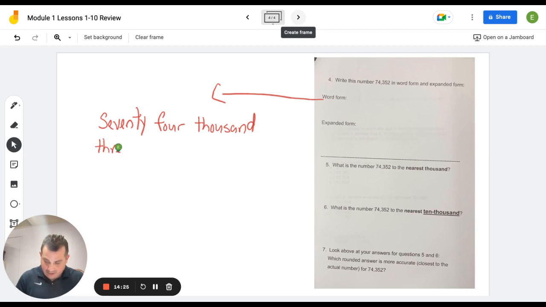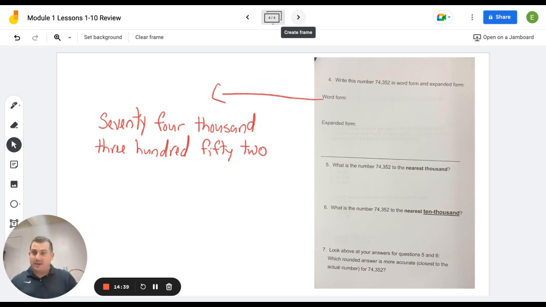Can't fit it. 352. That is it in word form, right there. Spelling, just do the best that you can. If I could make out that you're saying the right numbers in the right place value, you're right.